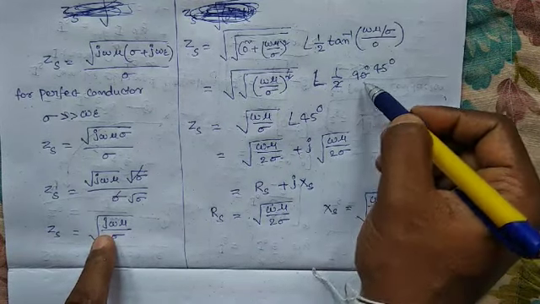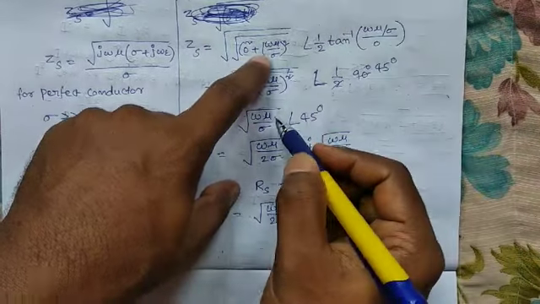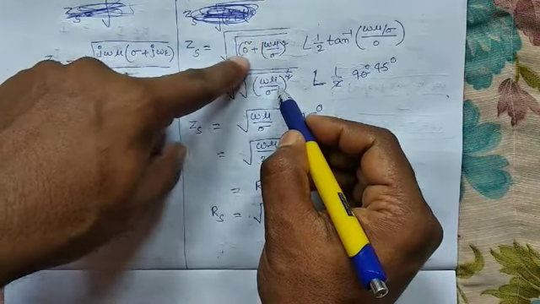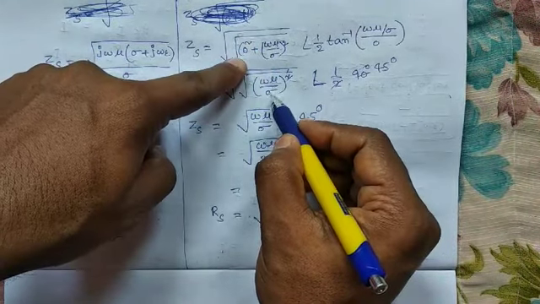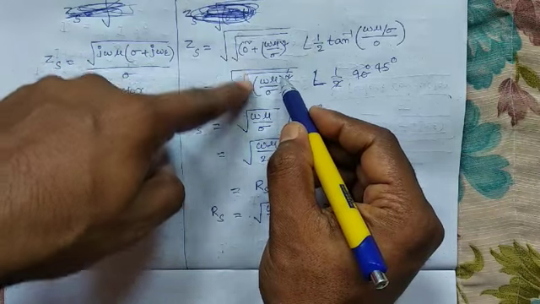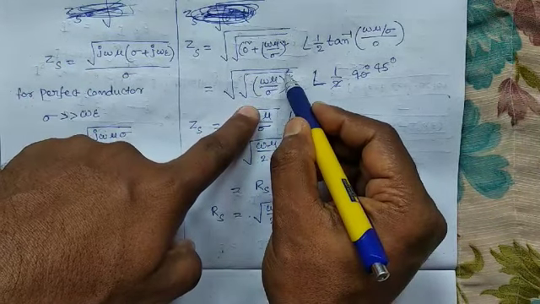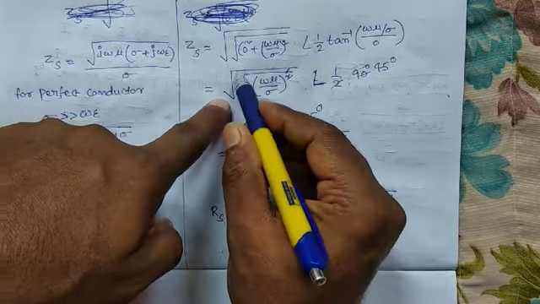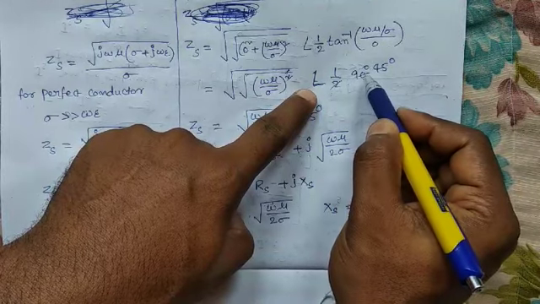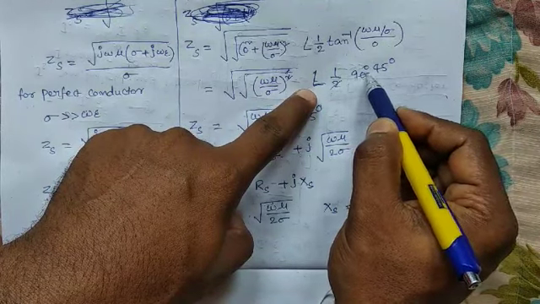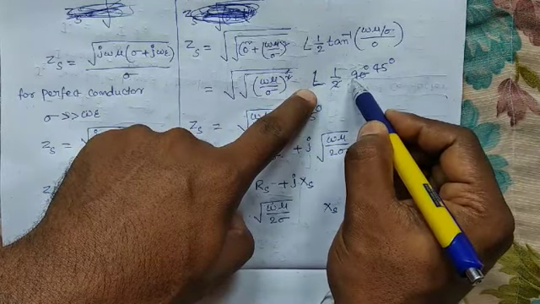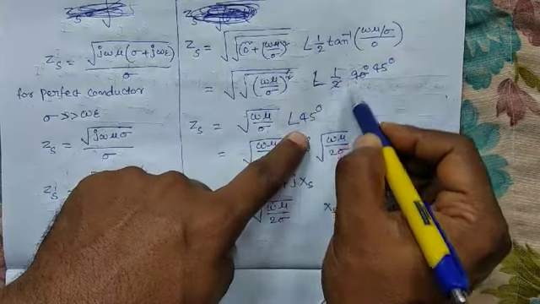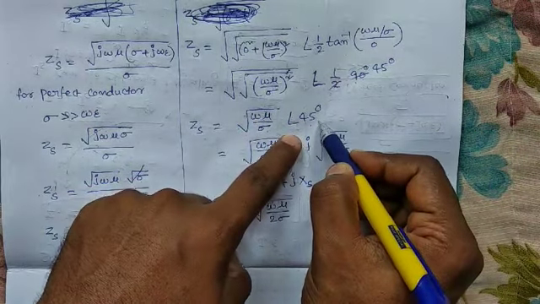The magnitude is omega mu by sigma whole squared, the square root cancels it, leaving root of omega mu by sigma. The angle is 1 by 2 times 90 degrees, which is 45 degrees, so the phase angle is 45 degrees.